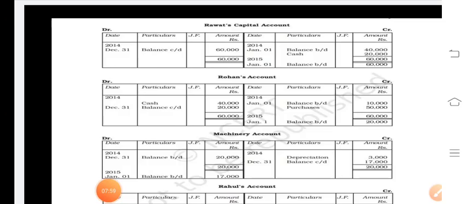Okay, moving towards the second method, which is the balance method, and that is widely used, that you also have to use for your trial balance.